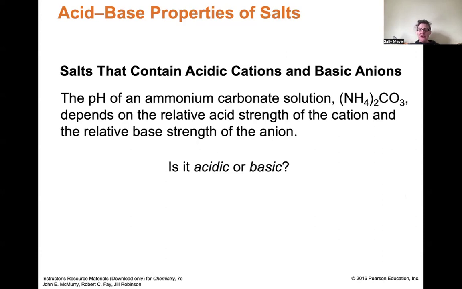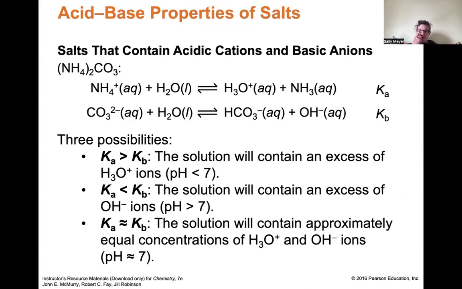If you put into water a cation and an anion, and one of them is an acid and one of them is a base, then in order to decide which is which, the one with the larger equilibrium constant will change the pH the most.